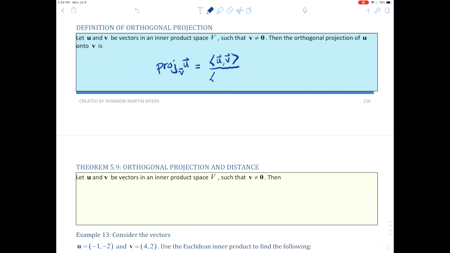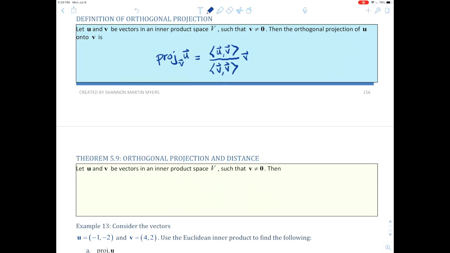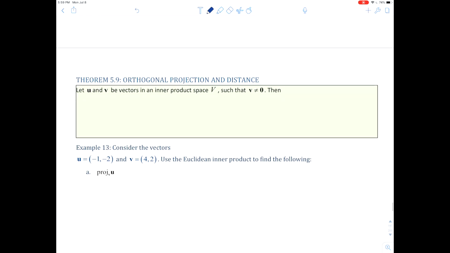This is super important. We're going to use this in the next lesson, which goes over the Gram-Schmidt method, so you'll be using this a lot.